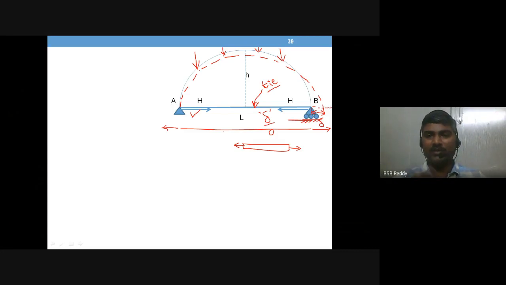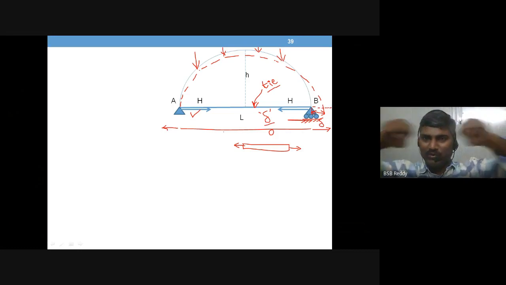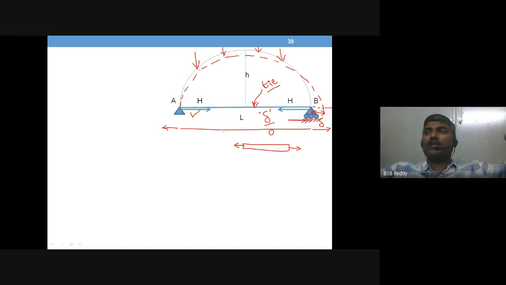The supports would like to move outward, so they pull the tie. What will the tie do? Reverse action. The tie will try to hold the supports in position. Okay, so that's why this is called a tie.